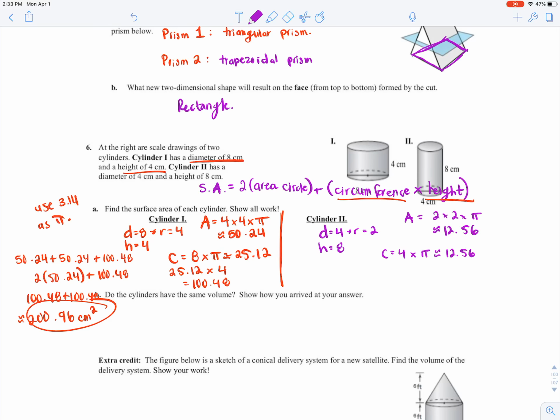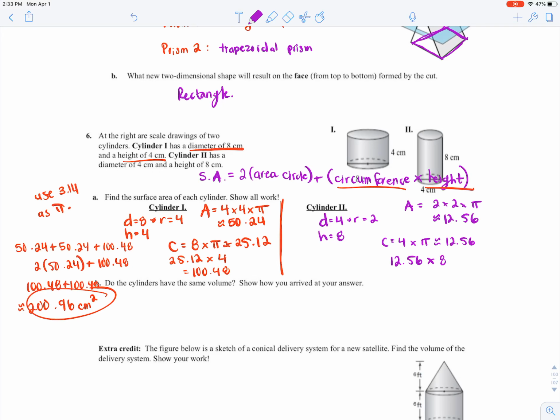Okay, we're going to take our circumference and multiply it by the height of the cylinder, which is 8. So 12.56 times 8 is approximately 100.48. Uh-oh. Something interesting is happening. 100.48 showing up quite a bit. Okay. Let's keep going. So here I have the area of my circle, but I'm going to multiply it by 2, right, because I have 2 circles, plus 100.48.